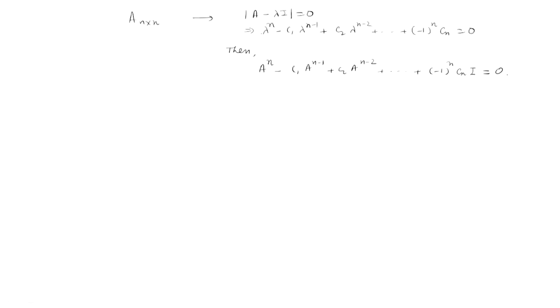Now, how can we prove it? How can we prove that a matrix whose characteristic polynomial is given by this expression will be satisfied by the matrix also? So, let us try to prove this result, the proof of the Cayley-Hamilton theorem.